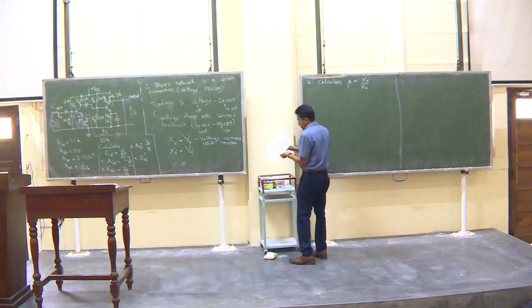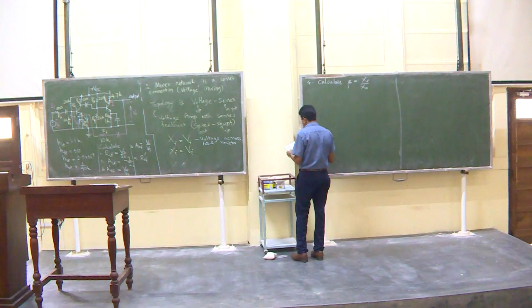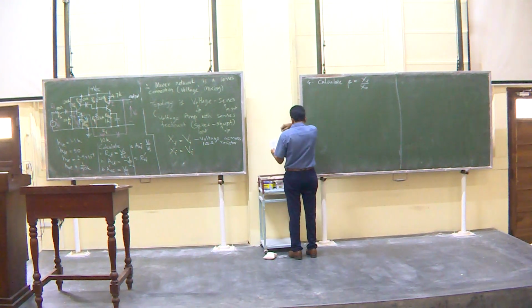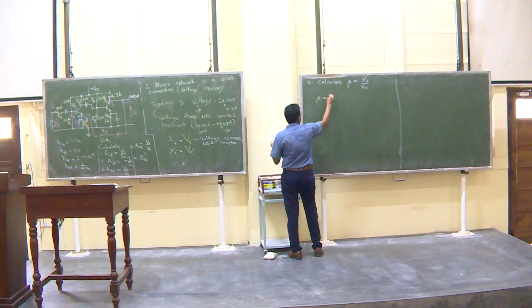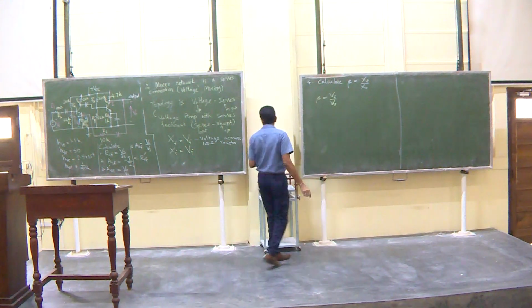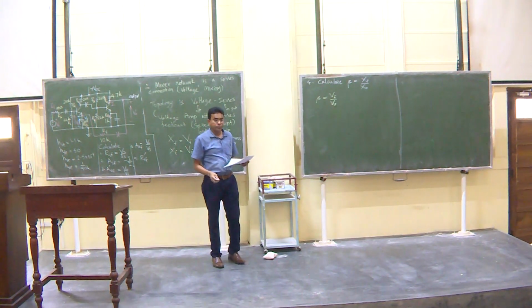So, in our case, beta is V f over V out, right. We have identified both these. So, therefore, we can now do that.